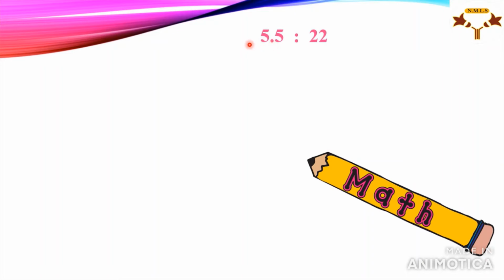If after 3 digits, I multiply by 1000. But I will not multiply the first term only. I will multiply both terms by 10. What you do to one term, you do to the other term.